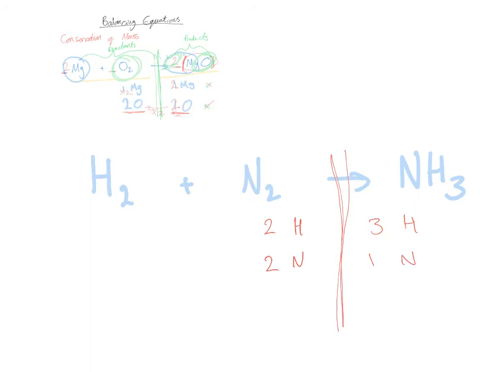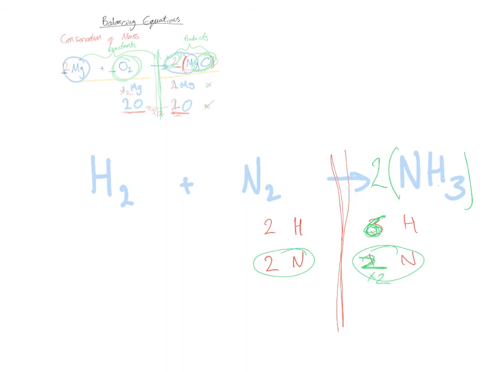The first thing I would do is try and get the nitrogens to match. To do that, I need to times this side by 2. So I put big number 2 to multiply all of this by 2. I would have 2 nitrogens, but it would also double the number of hydrogens I have to 6. So whilst my nitrogens now match, my hydrogens don't.